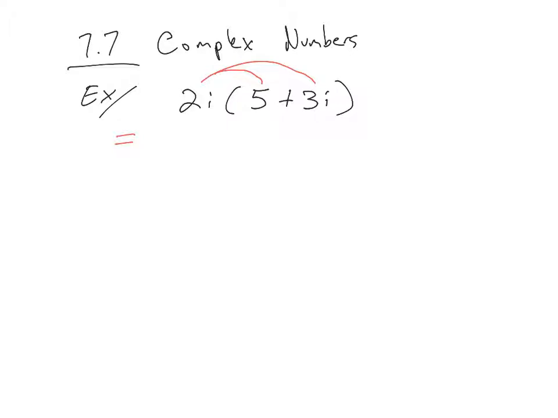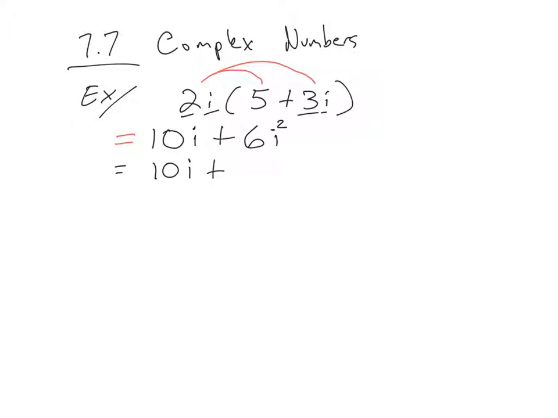So 2 times 5 gives us 10, and we carry the i over, plus 2 times 3 gives us 6, and then i times i gives us i squared. We already know that i squared is just -1.